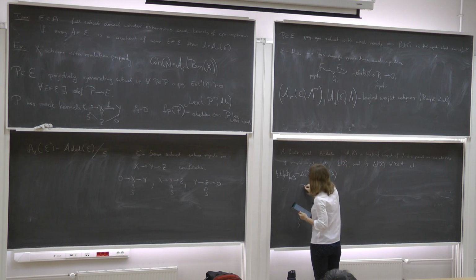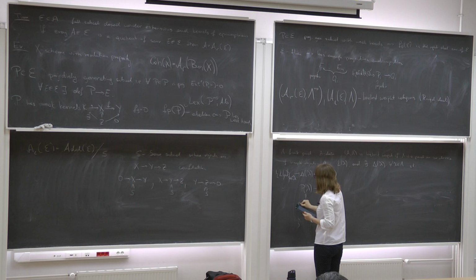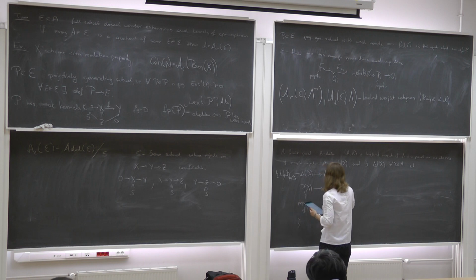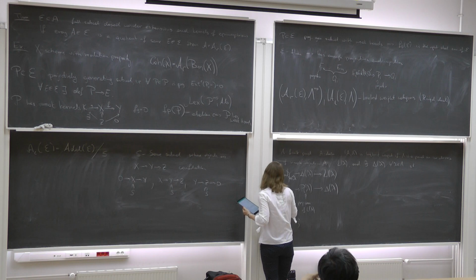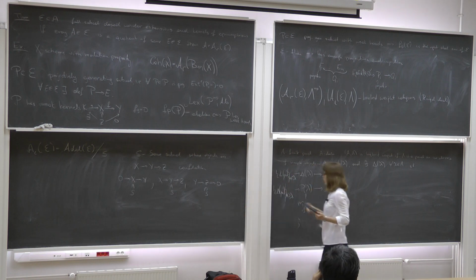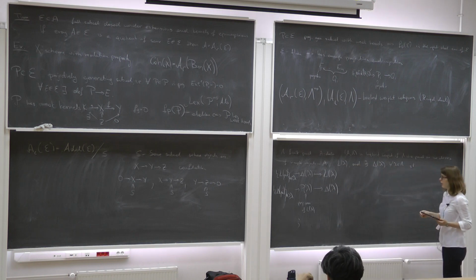And the projective cover of L lambda has a map to the standard one, and the kernel has a filtration with standard objects which are strictly greater than lambda.